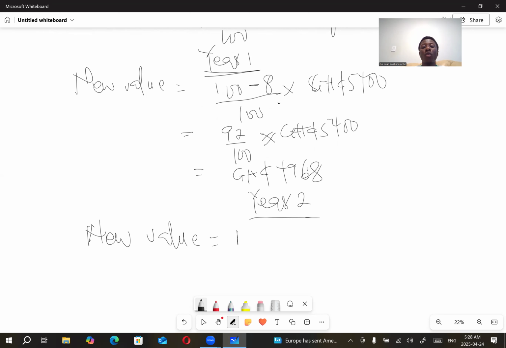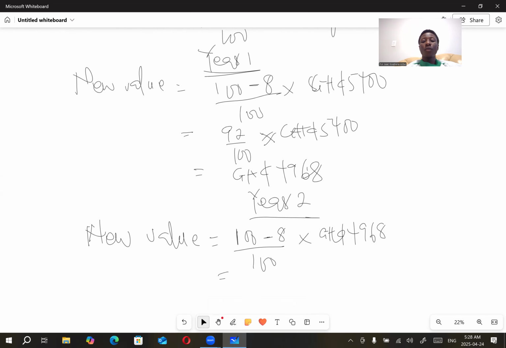So new value will be equal to 100 minus 8 all over 100 times the price of the machine now, which is 4,968. This is not rocket science. You must understand it. They said the price of a machine drops every year by a certain percentage. So after year one, the price of the machine now is 4,968.